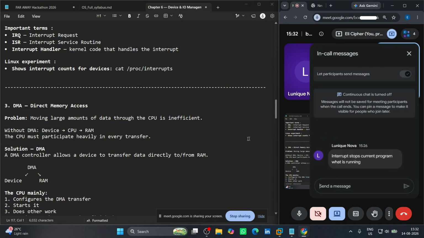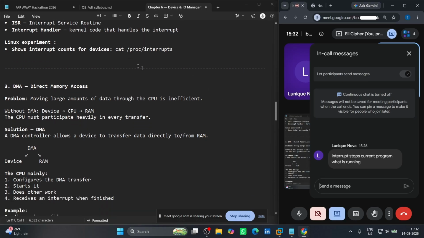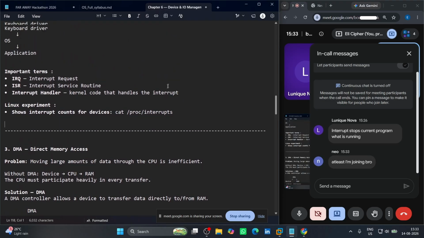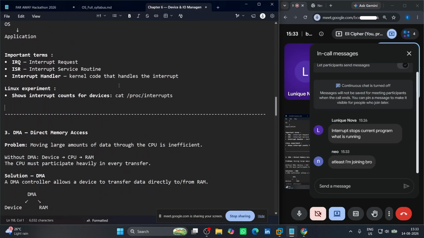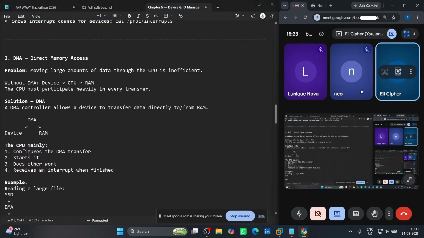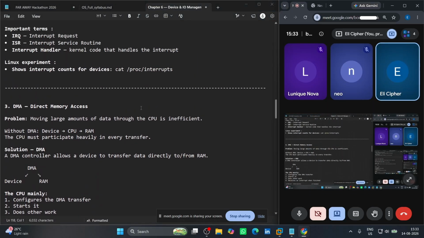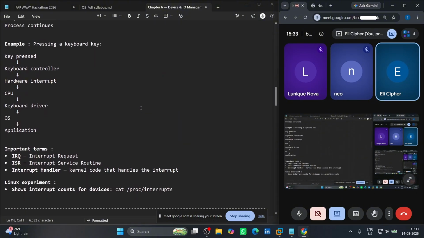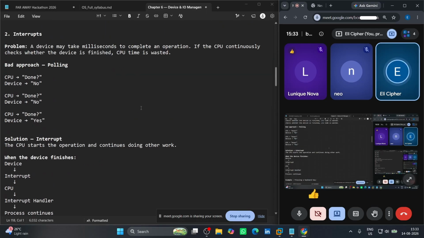I have to open this. Okay. So, firstly, Linik, is it clear till here, right? Interrupts, we have already covered this. I don't think we need to go through it again. Linik, is it clear? Yeah, Neo, just wait for it. Show me a thumbs up.